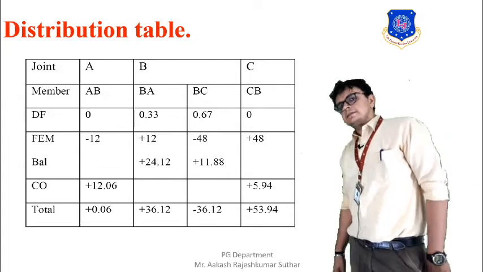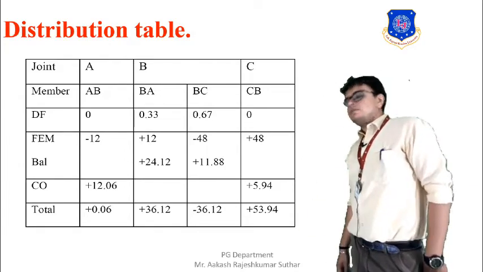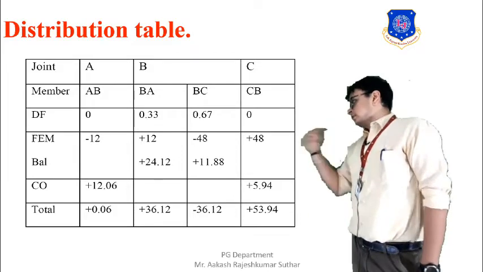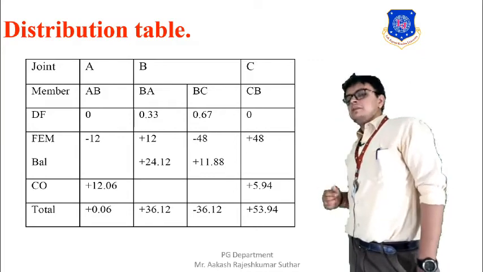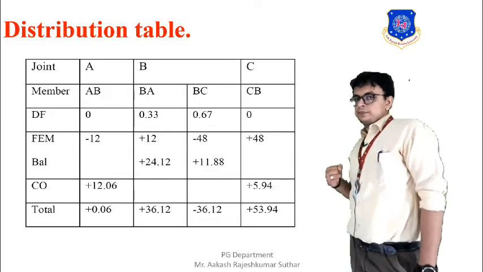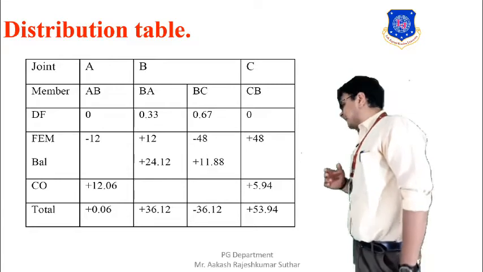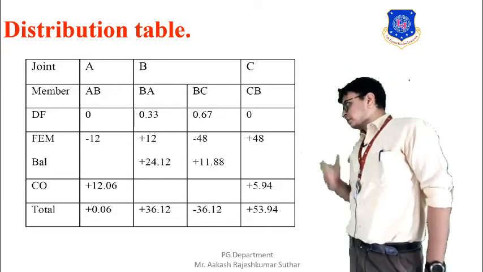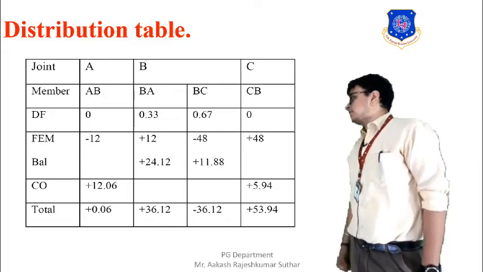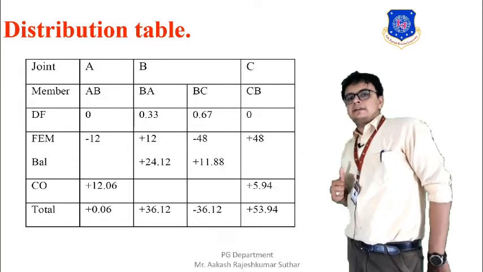After that, you have to place all the values of the fixed end moments. We have calculated the fixed end moments previously for the AB, BA, BC and CB members, so all 4 members are already calculated. Now it's time to enter those values. The AB member has a fixed end moment of minus 12 kilonewton meter.